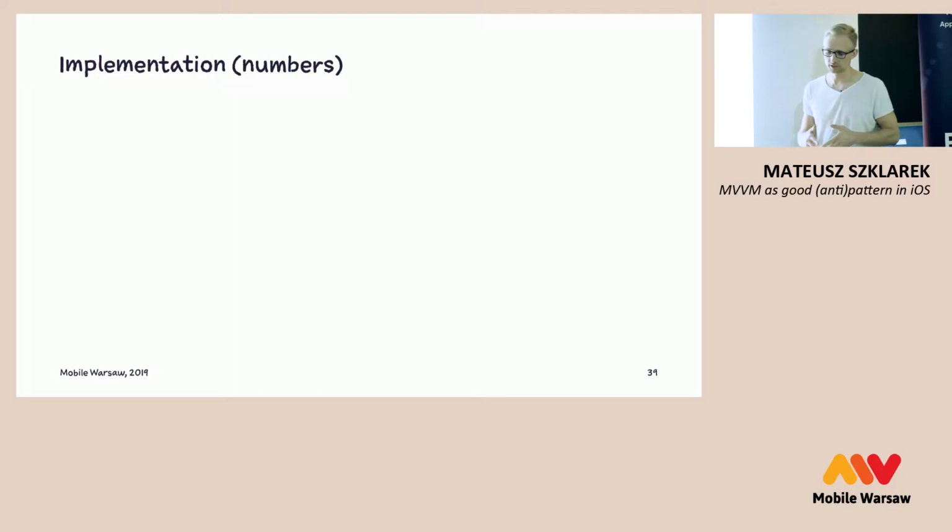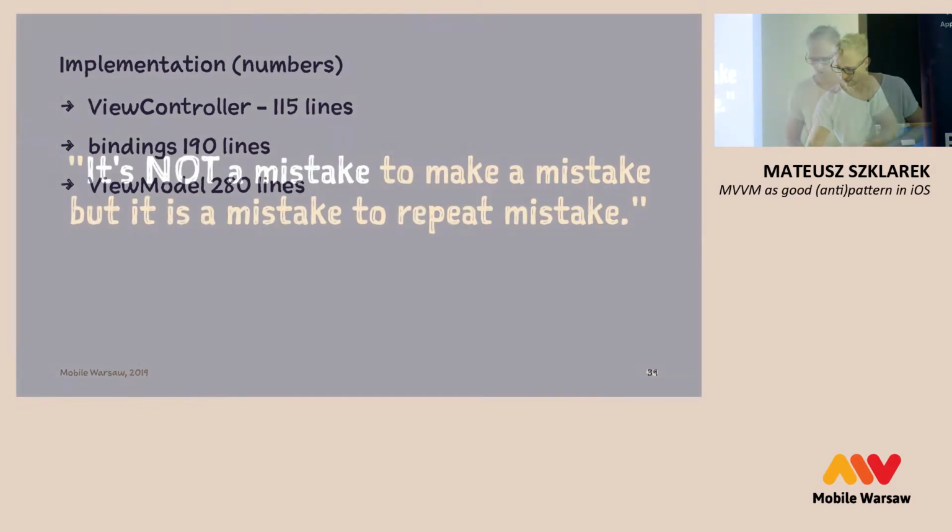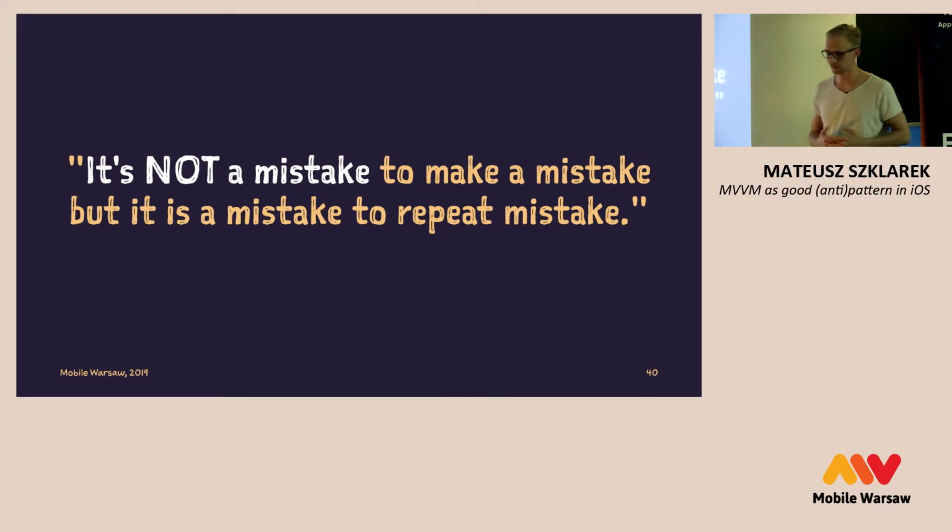In this specific implementation, in this save list view model, the view model has 115 lines of code, bindings 190 lines of code, and view model has 290 lines of code. So it's definitely too much logic in one place.